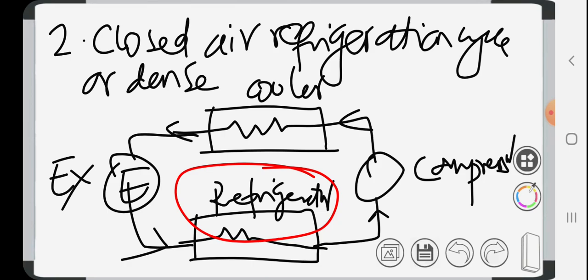So cooled air from the expander passes through the coil or pipes, and a fan circulates and recirculates cabin air over those pipes. So there will be air in the cabin or a room. This air will be circulated over the pipe through which the working fluid air is passing. Cold air is passing, so the outside air is allowed to pass over the refrigerated air which is passing through the pipes.